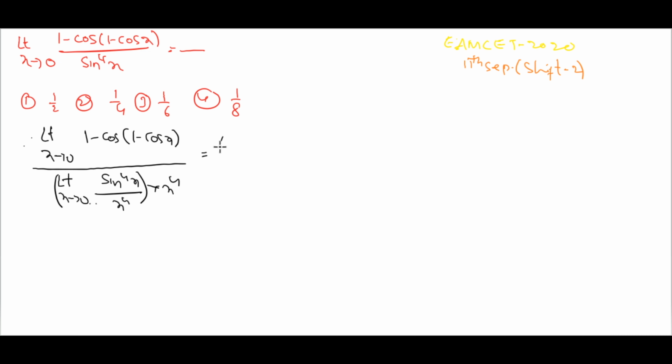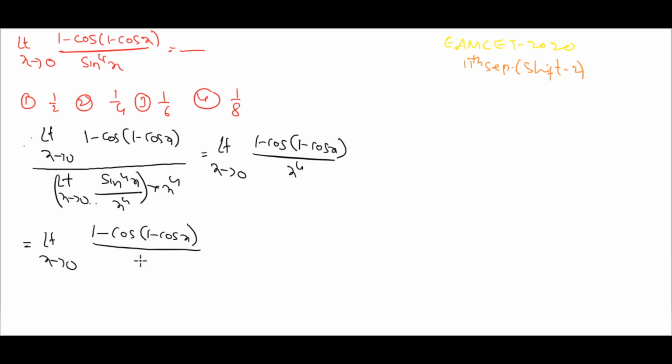That is equal to limit x tends to 0, 1 minus cos of 1 minus cos x by x to the power of 4. That is equal to limit x tends to 0, 1 minus cos of 1 minus cos x by 1 minus cos x whole square into 1 minus cos x whole square by x to the power of 4, multiplying and dividing by 1 minus cos x whole square.